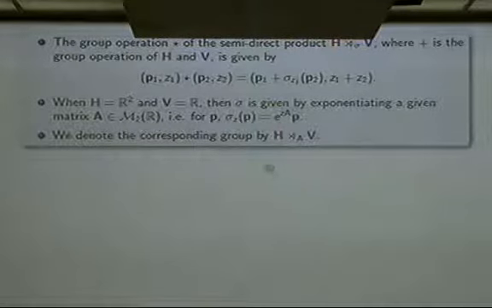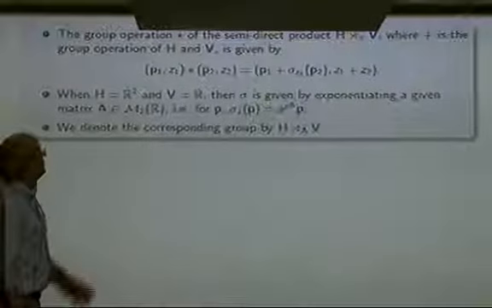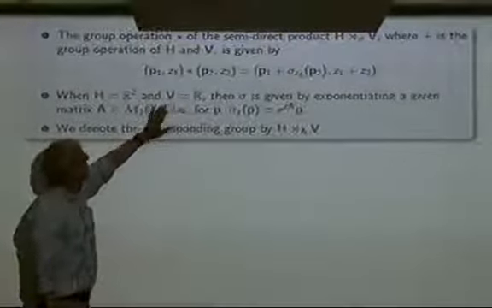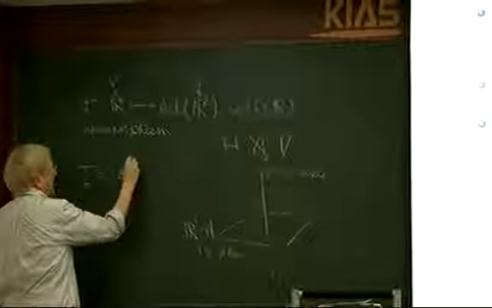Okay? So yes, another interesting thing is in the sort of classical situation where we have R2 here and R here, any homomorphism from R into automorphisms here is always given by exponentiating a matrix. So this is always given by e to the tA.